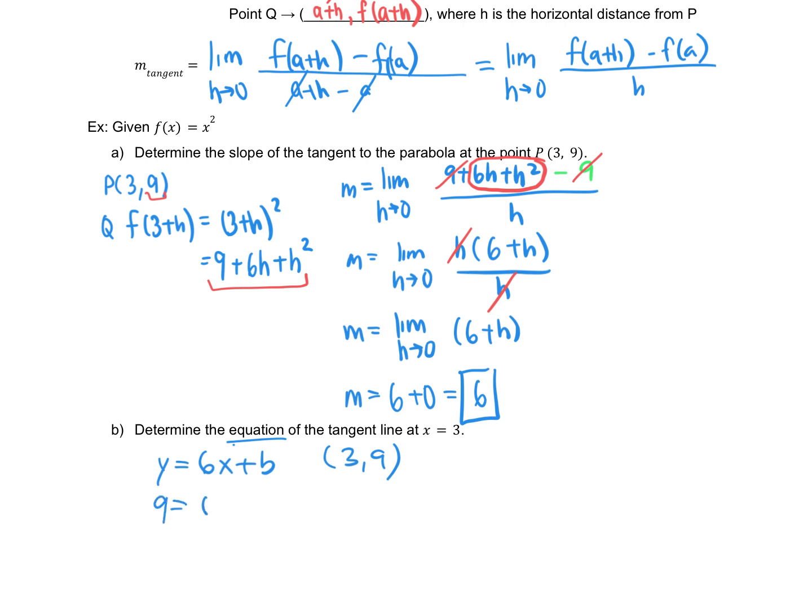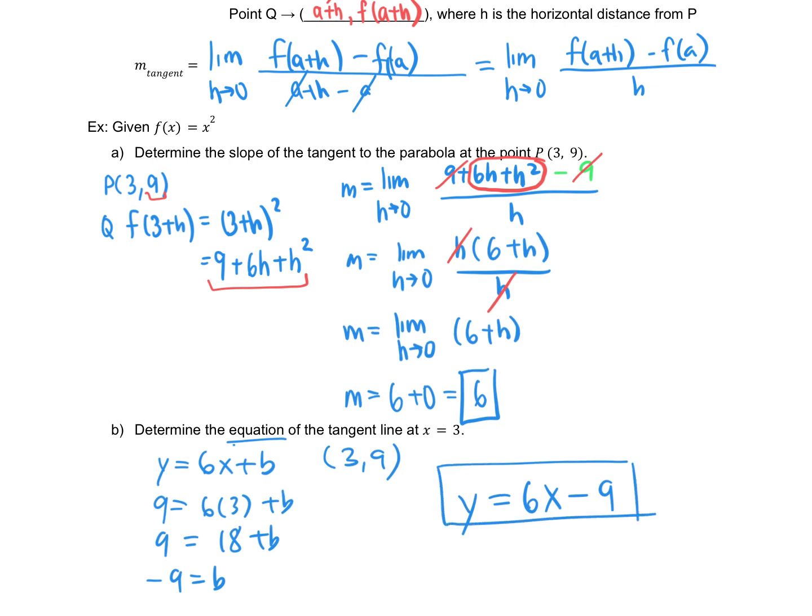So 9 equals 6 times 3 plus b. 9 equals 18 plus b. And when we bring that 18 over, 9 minus 18 is negative 9. So the equation of our tangent line is y equals 6x minus 9. There we are.